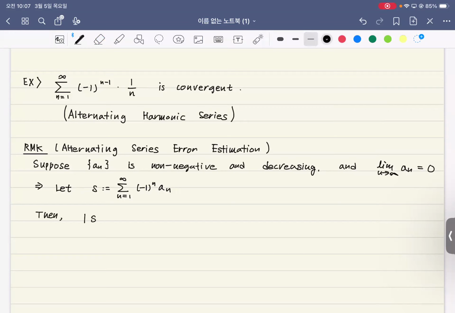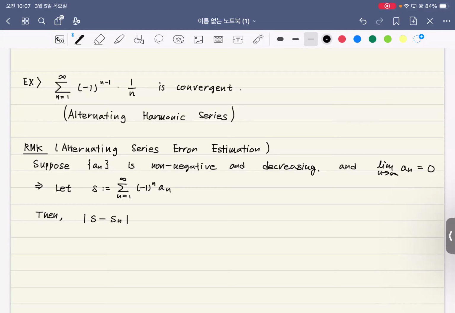Then I want to find the upper bound of this number. So S is the true value. S is the value that we are tracking for. And Sn is the approximation, right? Which is the partial sum, right? Because we are finite beings, so we cannot compute a number infinitely many times.